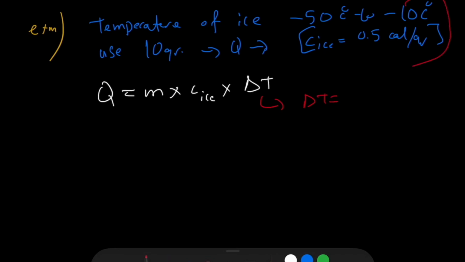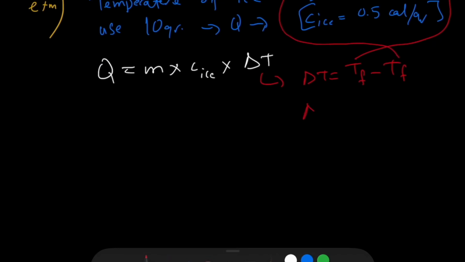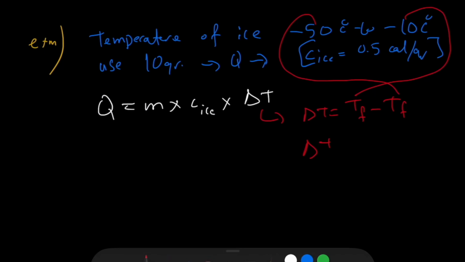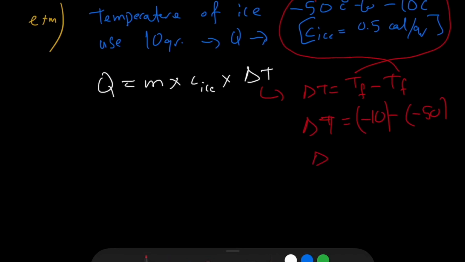T final is negative 10, T initial is negative 50. Delta T is negative 10 minus negative 50. Okay, delta T is negative 10 plus 50. Delta T is 40.